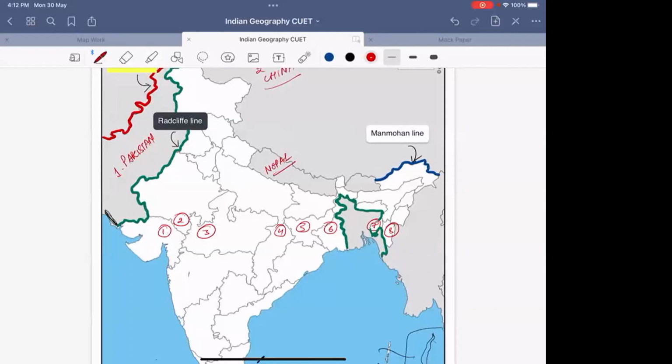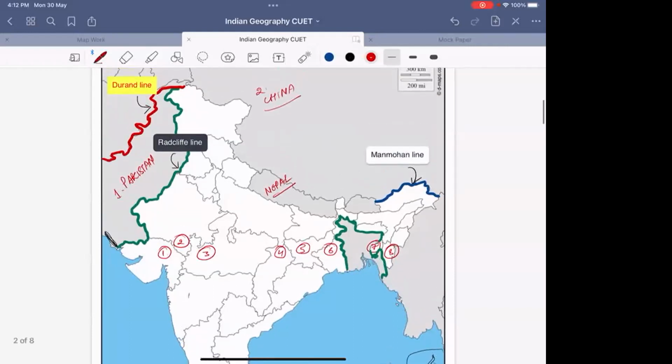You also have to keep in mind the line that divides the two countries. As you can see here, India and Pakistan are divided by the Radcliffe line. The Radcliffe line was proposed by Cyril Radcliffe.